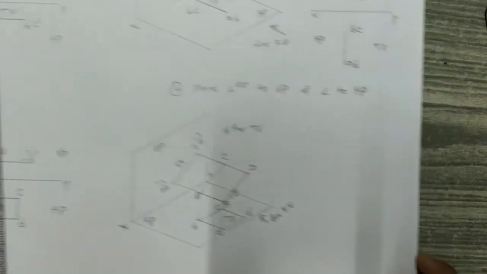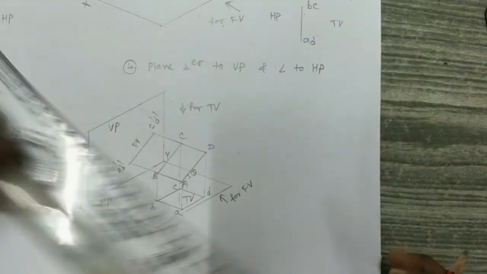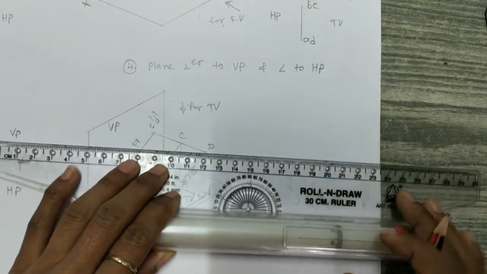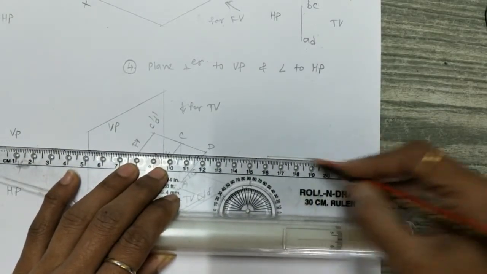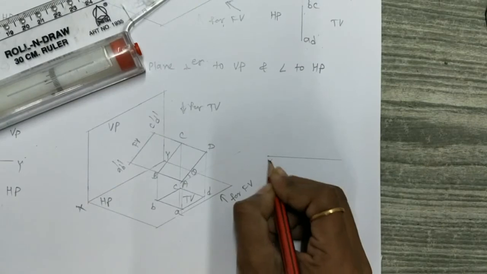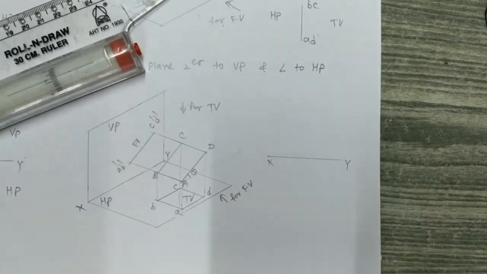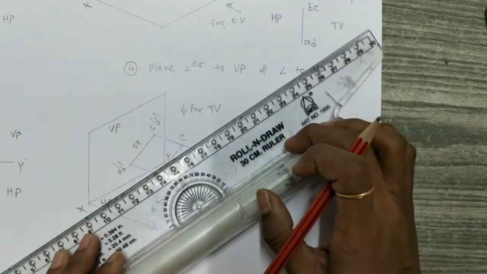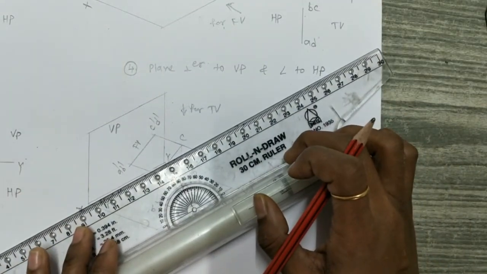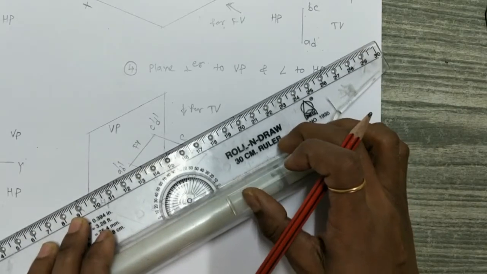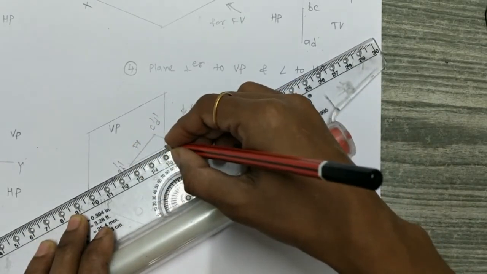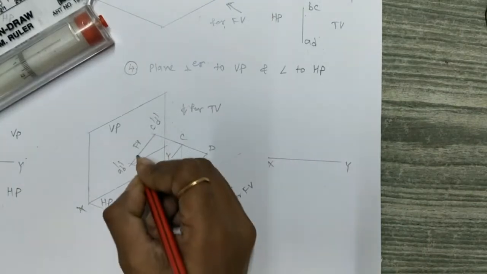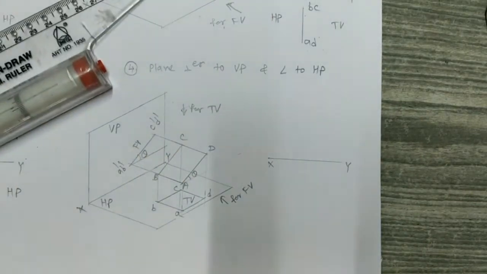Now we can draw in 2D. So this is XY line. As we know, front view is here the inclined straight line. So this is the inclination angle theta.